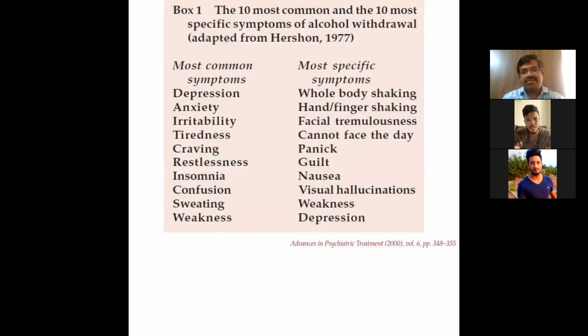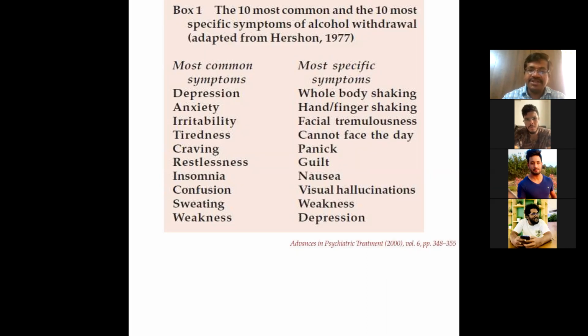The 10 most common symptoms of alcohol withdrawal are depression, anxiety, irritability, tiredness, craving, restlessness, insomnia, confusion, sweating, and weakness. But the most specific are whole body shaking, hand and finger shaking, facial tremulousness, panic, guilt, nausea, visual hallucinations, weakness, and also depression. So these are the very specific symptoms that we see.